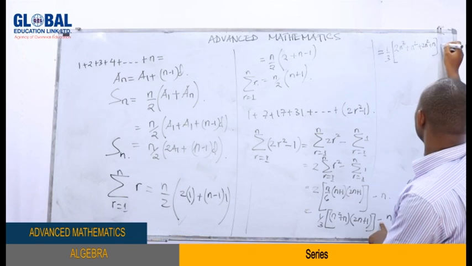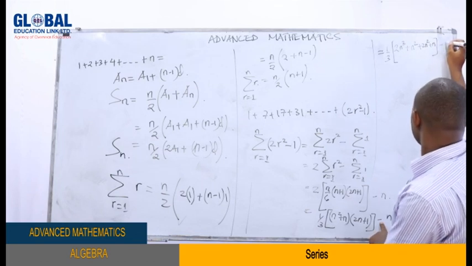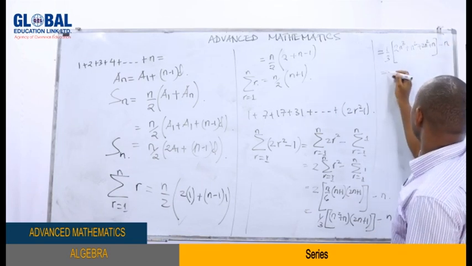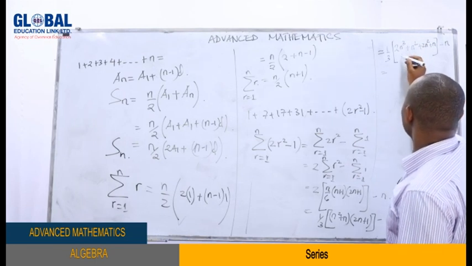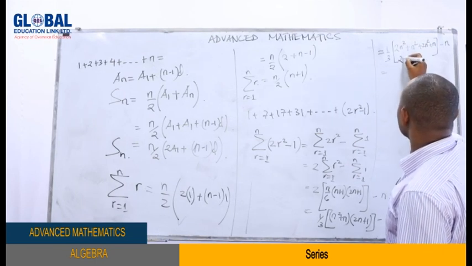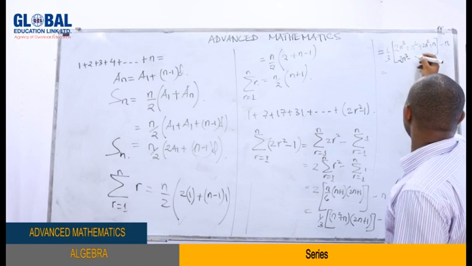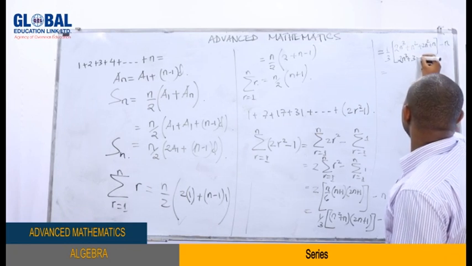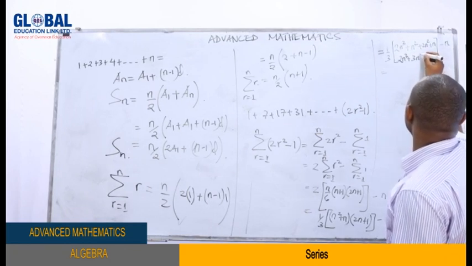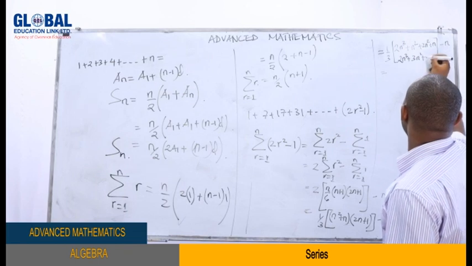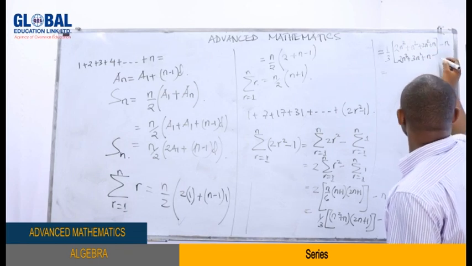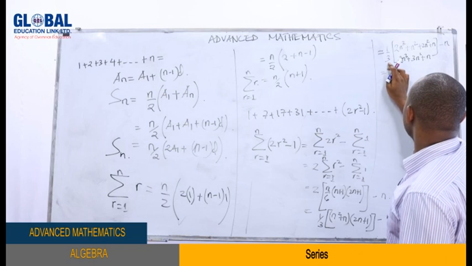But remember, we are supposed to subtract n. Then let's simplify. Inside there, we are going to have 2n cubed plus 3n square plus n, and all of that is multiplied by 1 over 3.